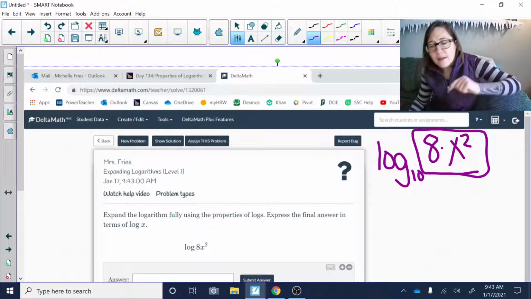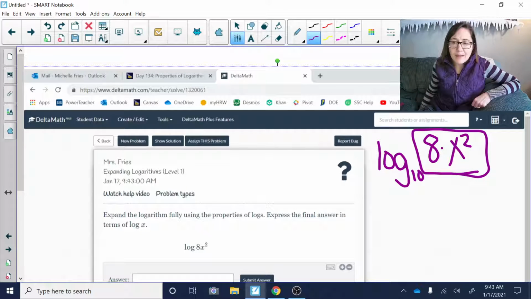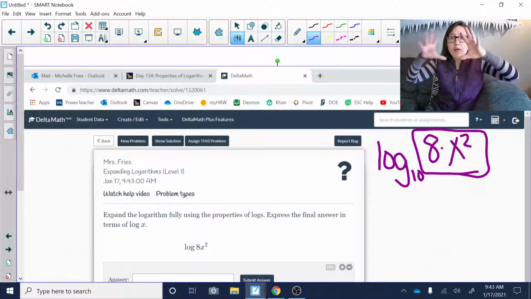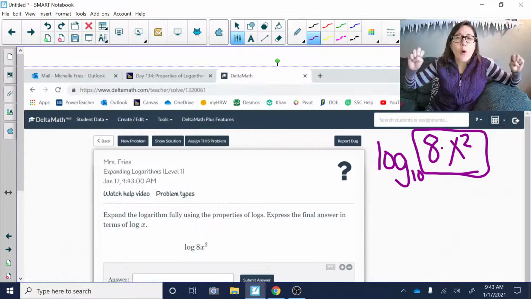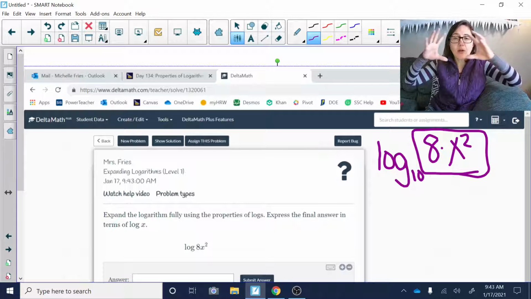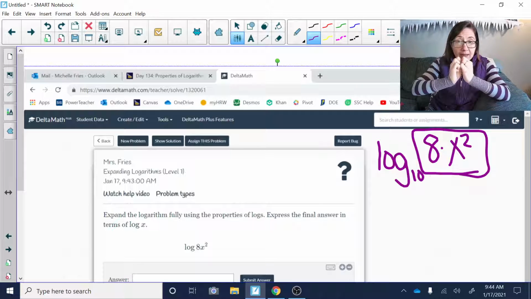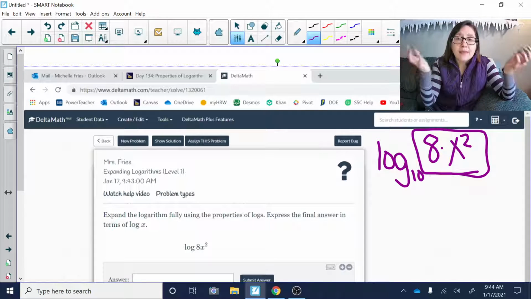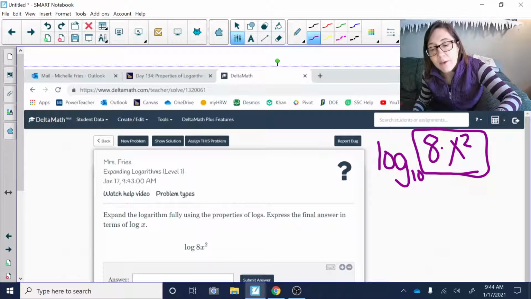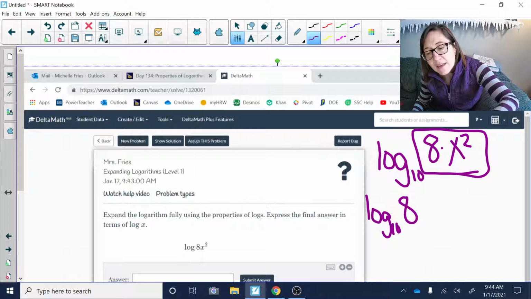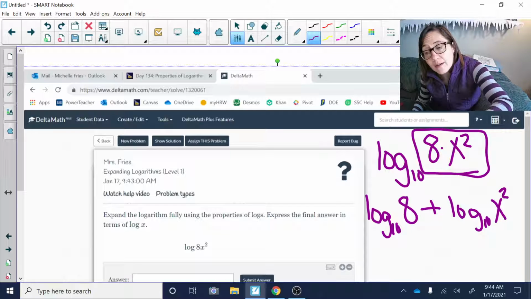This is my argument. What do you see happening in that argument? Well, we see some multiplication happening. If I'm going to split this up, what am I going to need to do with the exponents? This is the product property, because there's multiplication, so you have to add the exponents. Well, the logarithms tell us the exponents. So to break this apart, we're going to write this as log base 10 of 8 plus log base 10 of x squared.